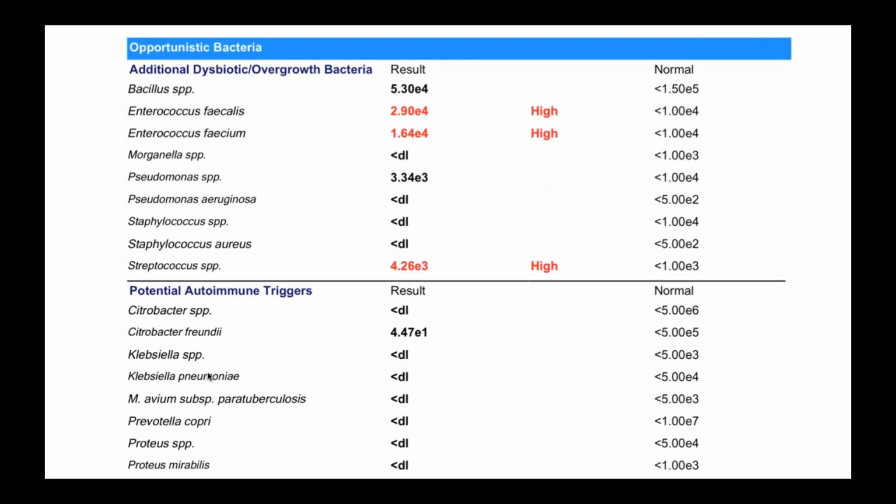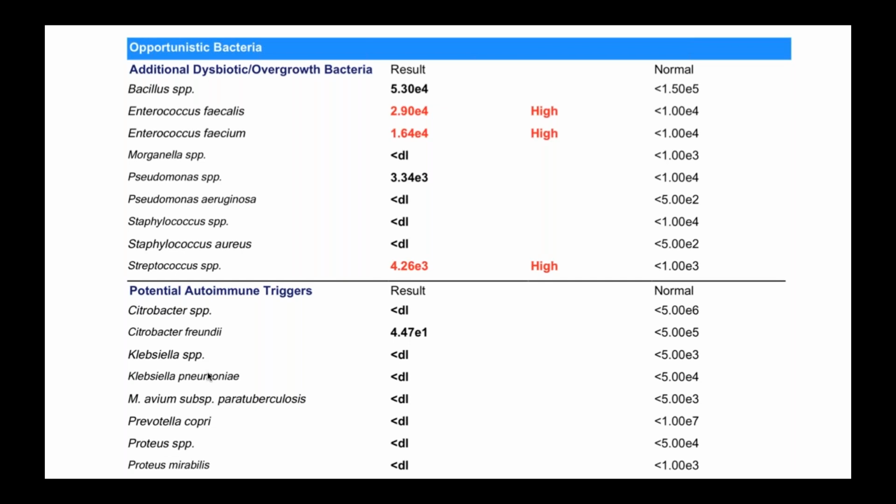All right, so his results on GA-MAP show, and I'm zeroing in here on the opportunistic bacteria section just to illustrate initially that pattern that we tend to see with PPIs and low stomach acid. We talked about those previous two studies that discuss the fact that Enterococcus and Streptococcus are two of the most common groups that we tend to see overgrown in those on proton pump inhibitors.